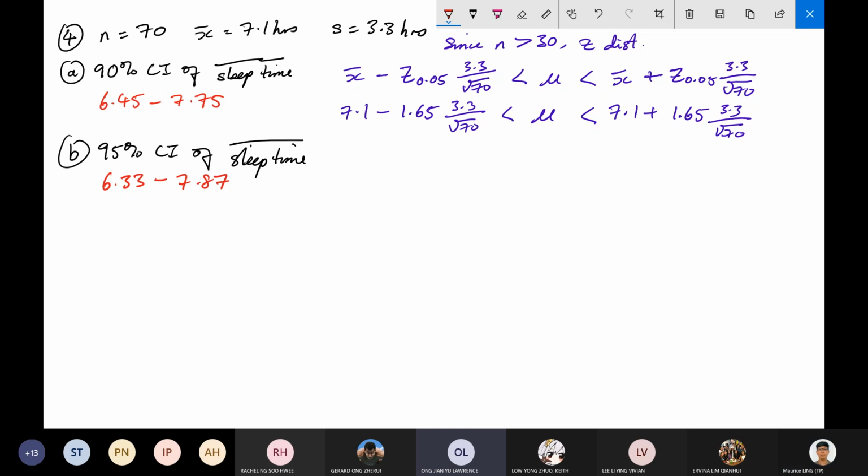In this case, you're using Z 0.025, and this gives you 1.96. So essentially what you're doing is you just change this value into 1.96. Okay, so C, 99% confidence interval of sleep time.